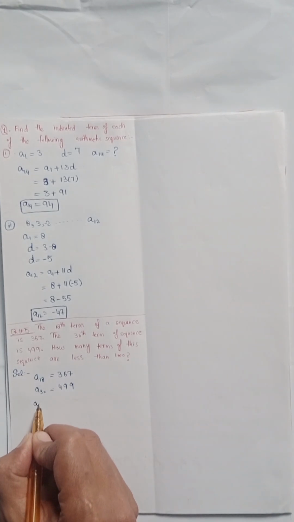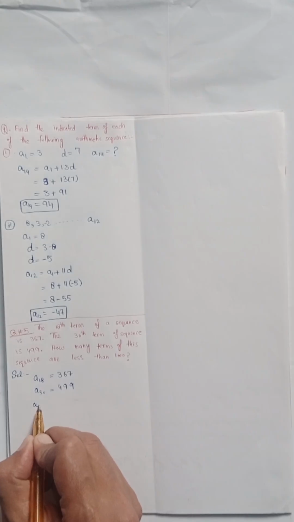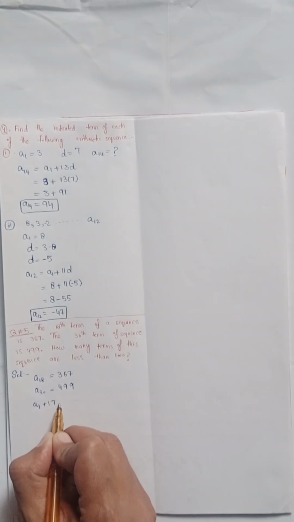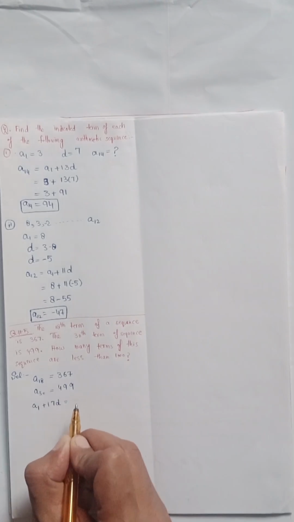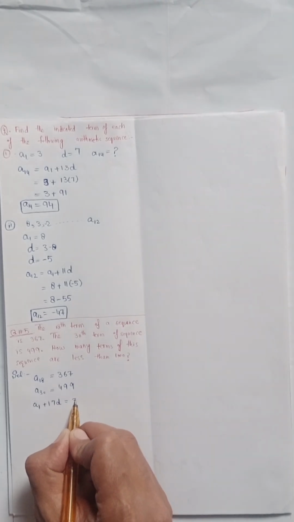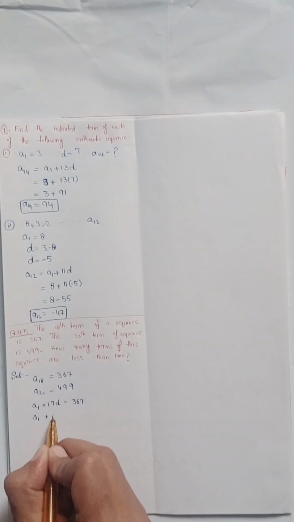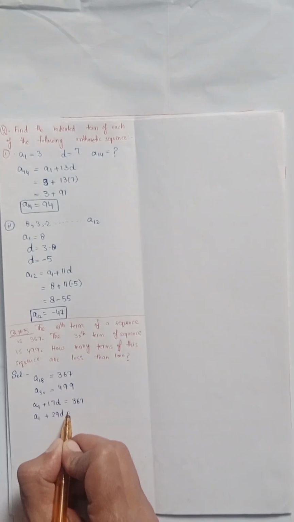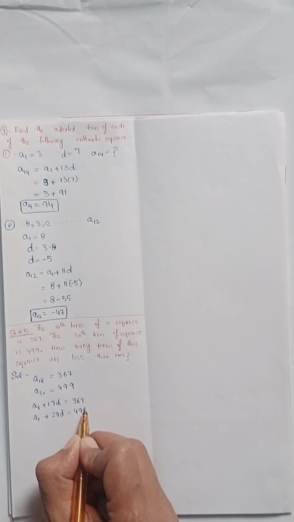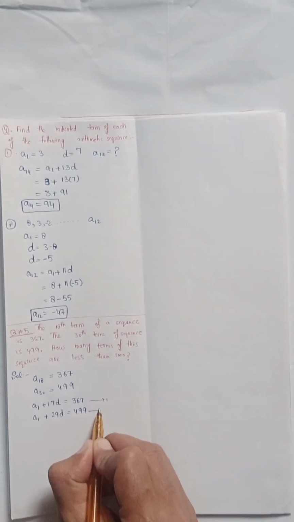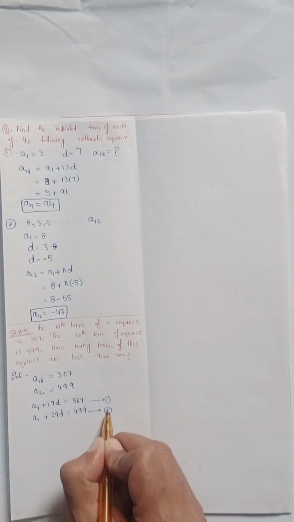By applying the formula, a1 plus 17d equals a18, that is 367, and a1 plus 29d equals 499. This is equation 1 and this is equation 2.